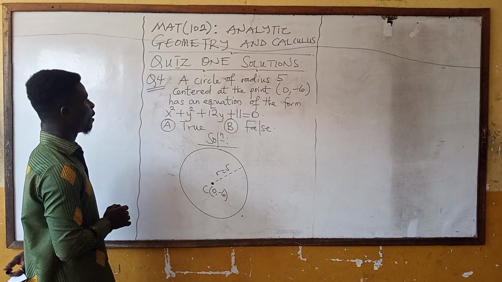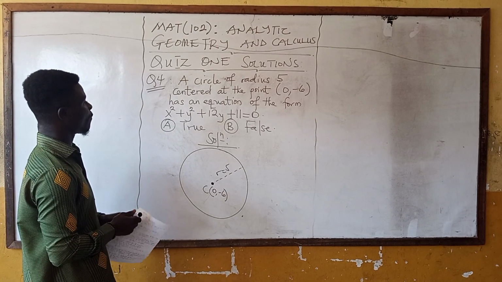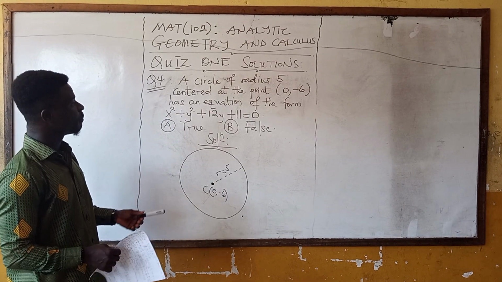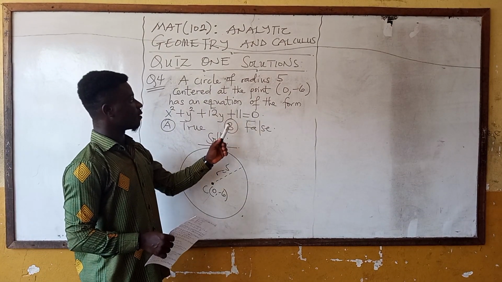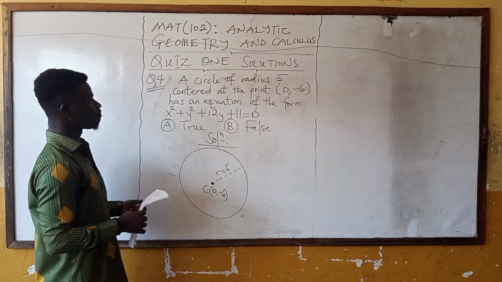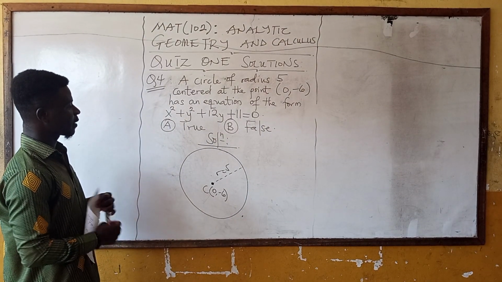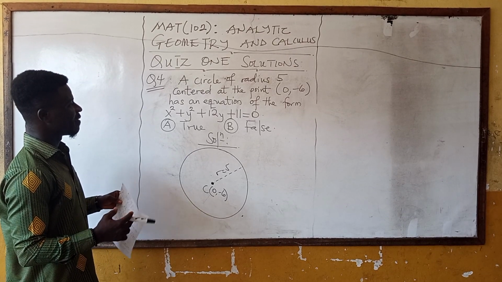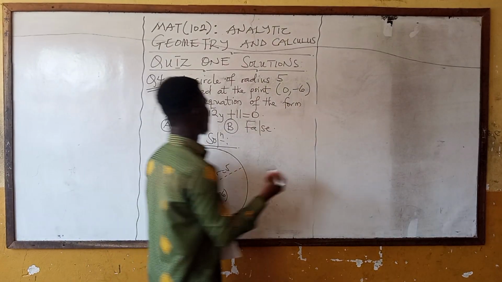Right. So now, as an equation of the form that, let's verify and see whether the circle has the radius 5 and the point that. Now, we can verify as in this.